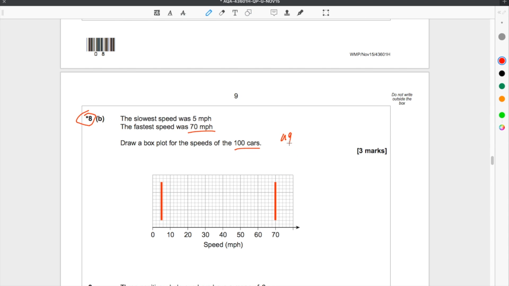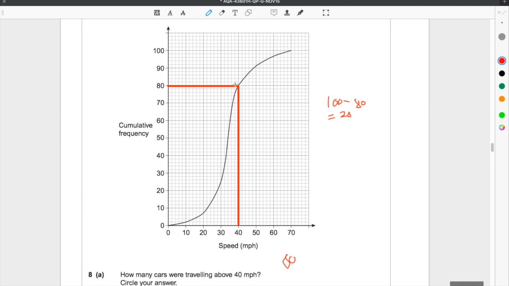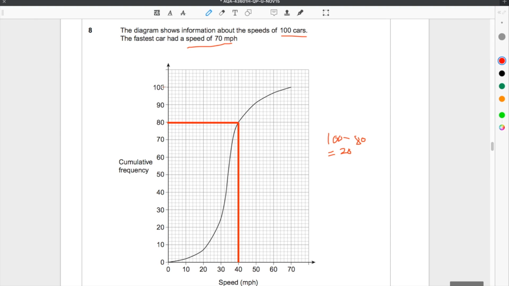Upper quartile. Well, the upper quartile is 75% of the graph. The graph goes up to 100, so 75% of 100 is 75. So we draw a line from 75, which is there, across to the curve, and then we draw it down to the x-axis, which gives us 38.